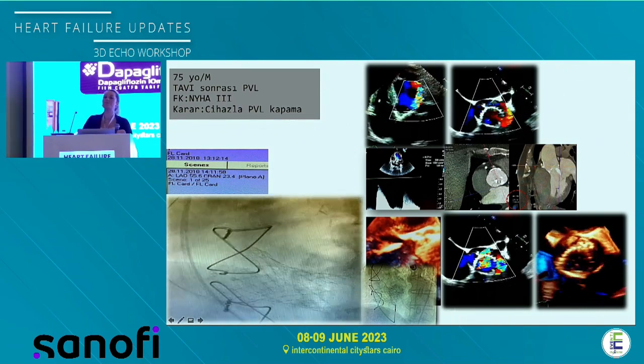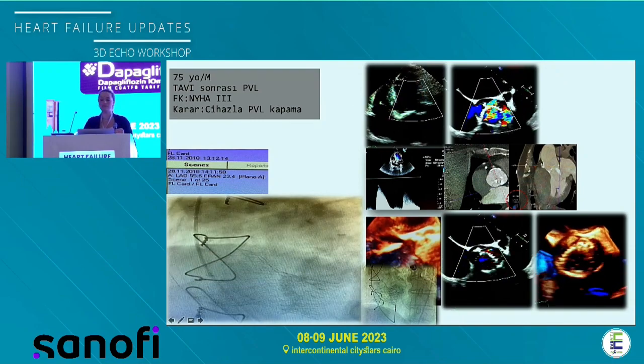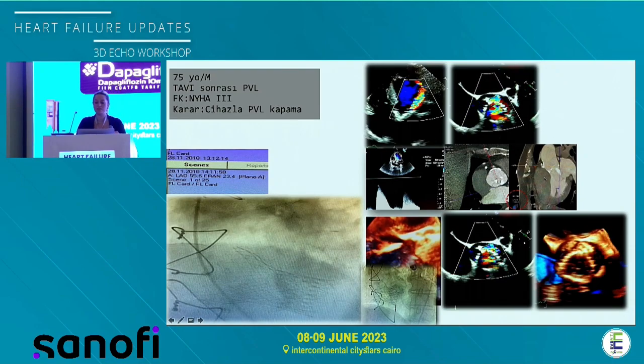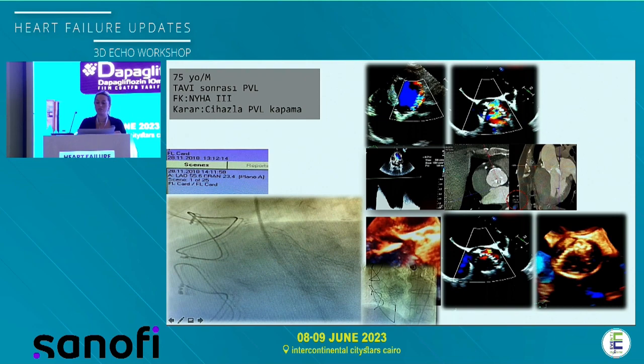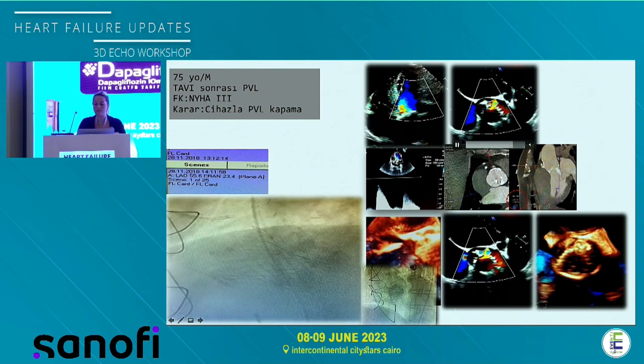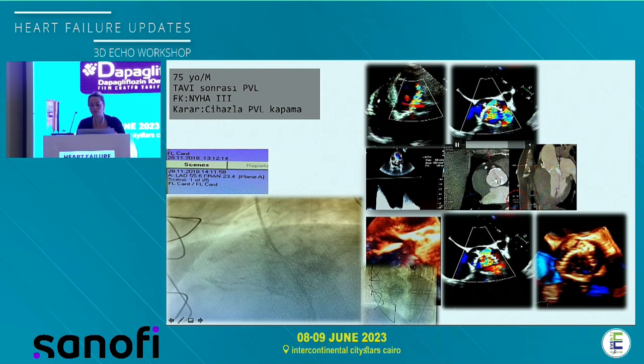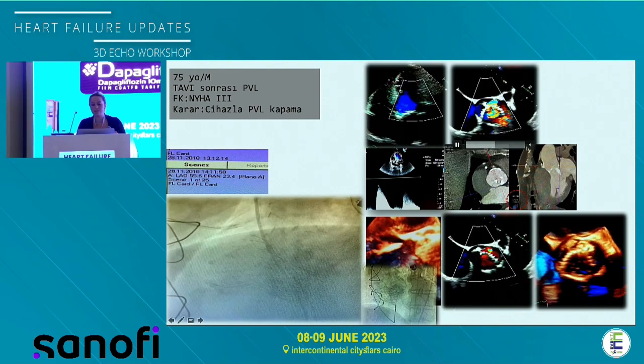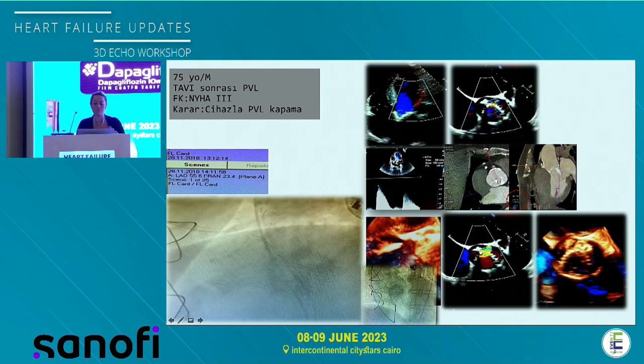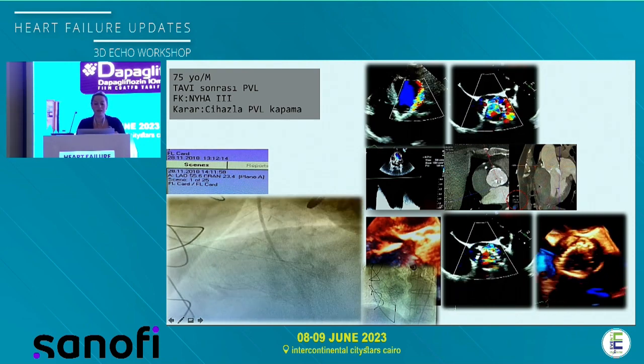Even if you don't have the CT, you can do a new CT, and you can just imagine where the location of the defect is from TOE. It is the interatrial septum, it is in the left atrium. It's like 60 degrees again, 60 to 70 maybe, and it should be around here.